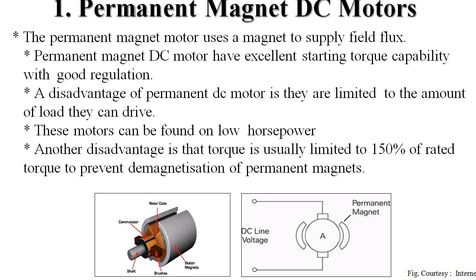So in the figure you can see here, this is the armature and we are supplying DC voltage to the armature here, and outside of this armature there is a permanent magnet. In another diagram, these are the stator magnets.